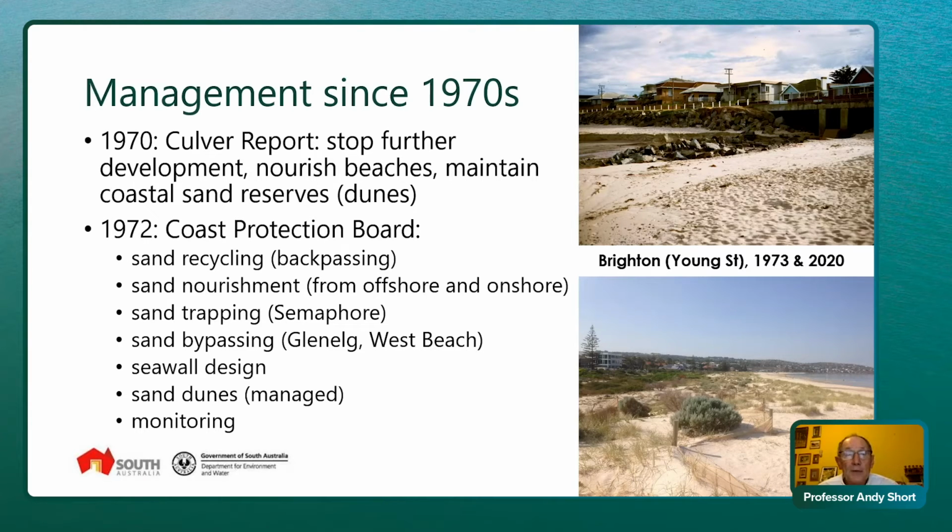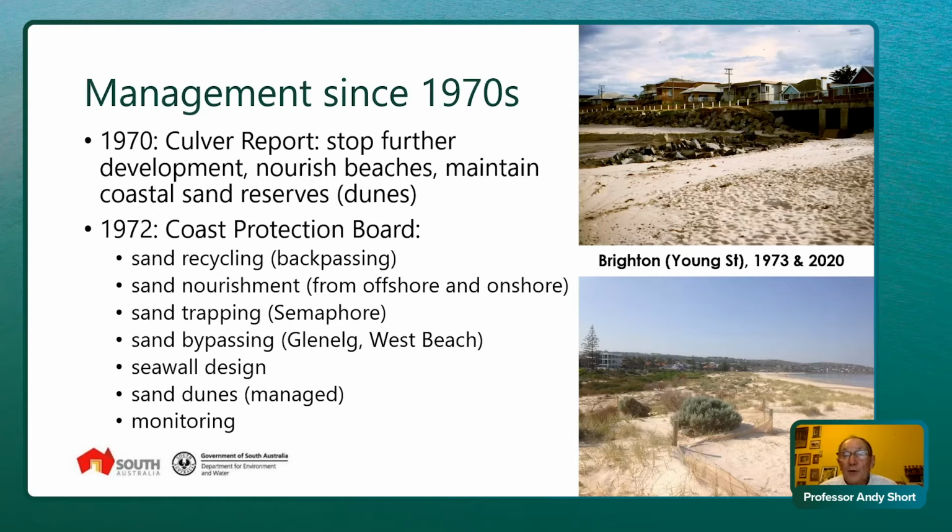To assist the backpassing, to engage in sand trapping, which already occurs at breakwaters, but also the detached breakwater at Semaphore has been very successful as a mechanism for trapping the sand, so it can be then trucked or piped southwards. To bypass the sand where it's being held up by structures like at Glenelg and West Beach, so it can continue to move naturally along the coast.